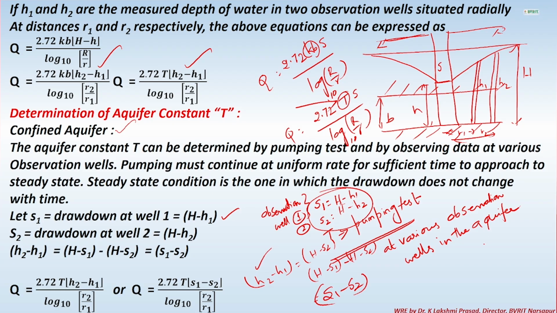So what is the general equation? Q equals 2.72 KB into S, where S is (H2 minus H1) divided by log R2 by R1 to base 10. If observation wells are there, instead of H minus H, you write H2 minus H1, and here you write R2 by R1.